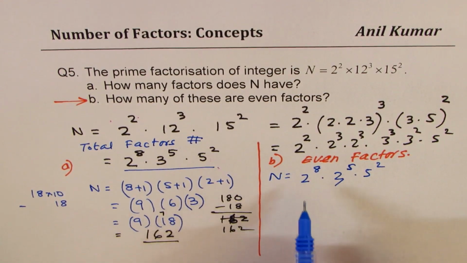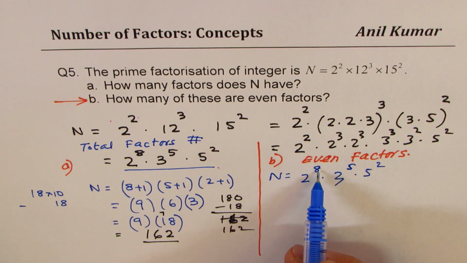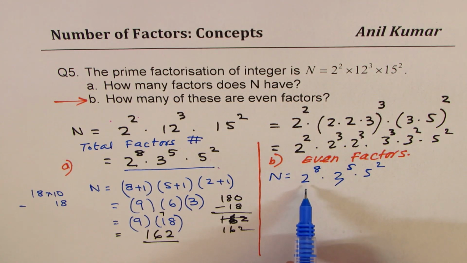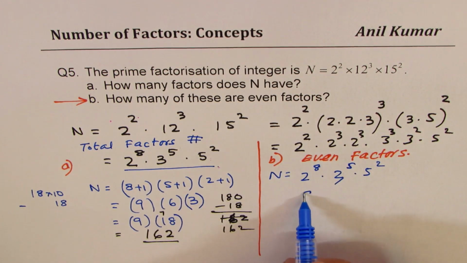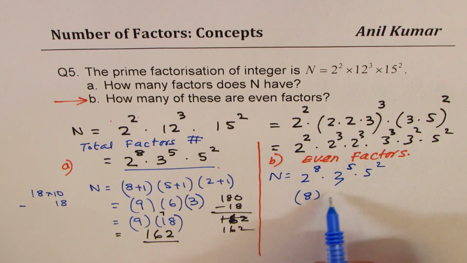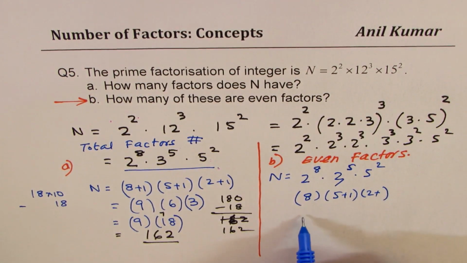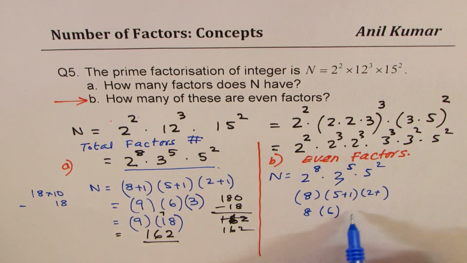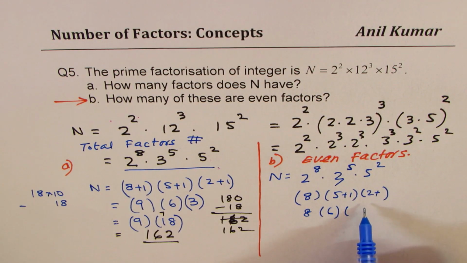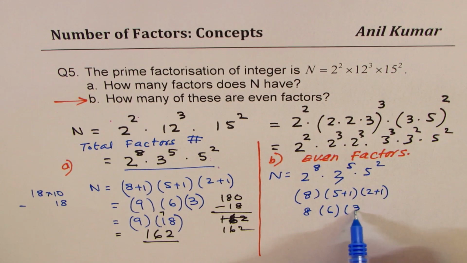Now for even, we have to select 2. Not taking 2 is not a choice, right? So we do 8 times 5 plus 1 times 2 plus 1, correct? So this time we get 8 times 6 times 3.